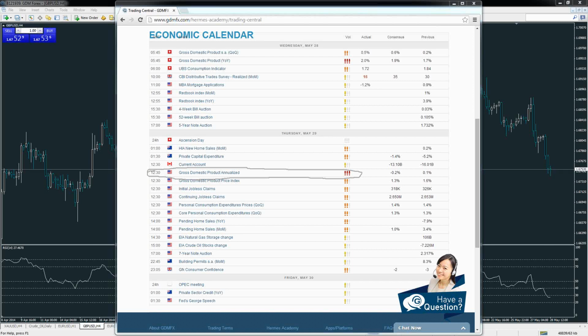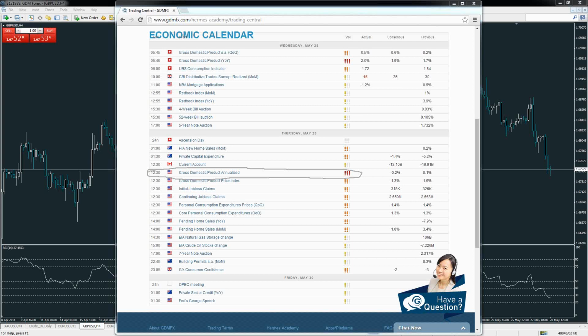The annualized GDP is a gross measure of the market activity because it indicates the pace at which a country's economy is growing or decreasing. This is a very important part that you should remember.